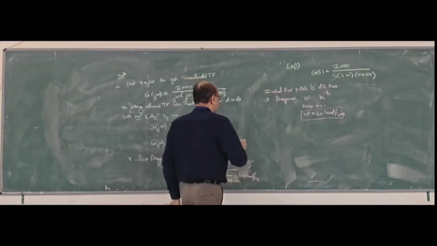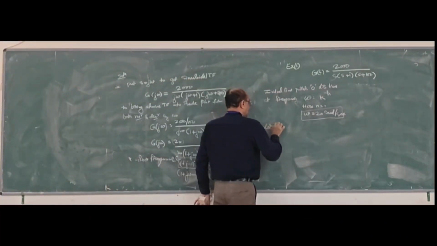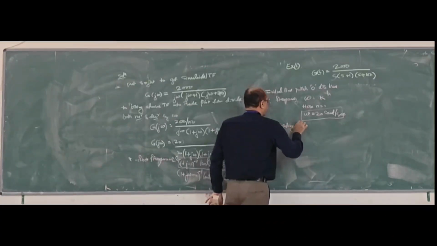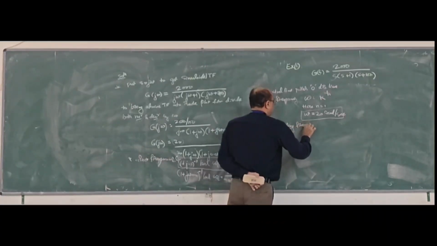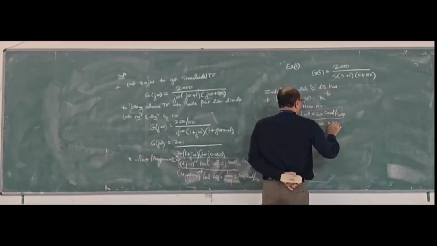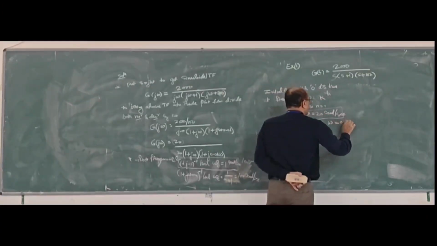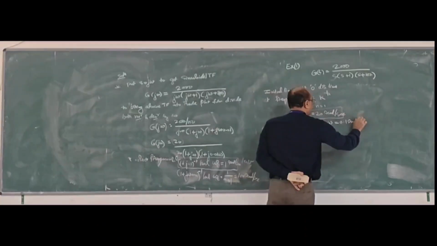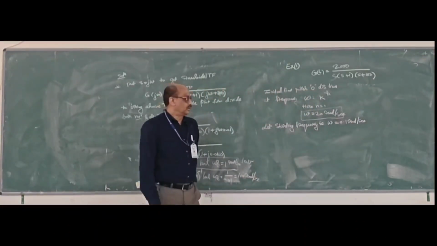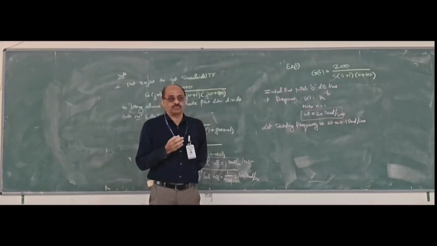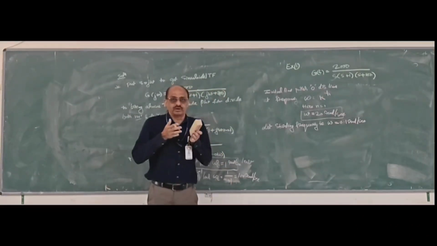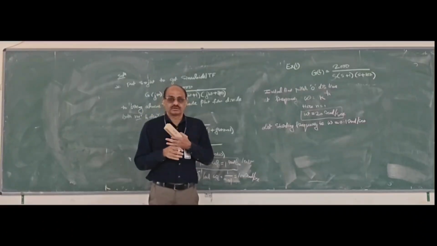So let the starting frequency be omega equal to 0.1 radians per second. I selected this, so my sketch starts from 0.1 onwards.